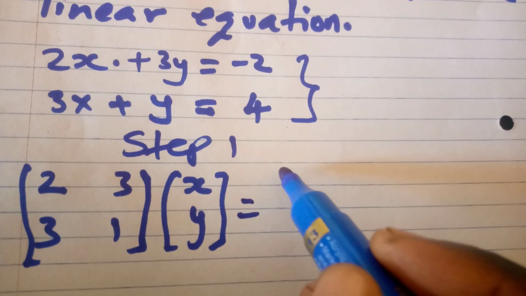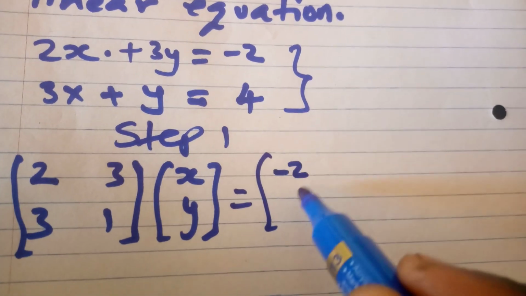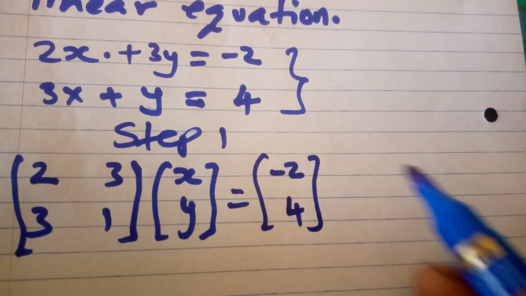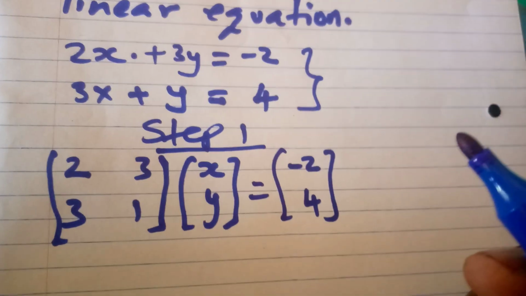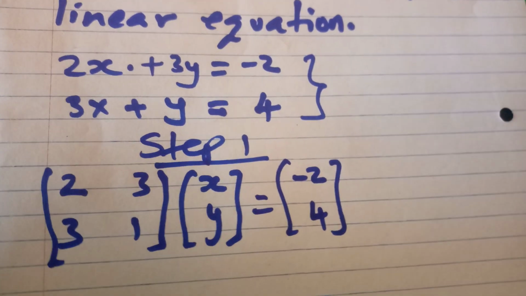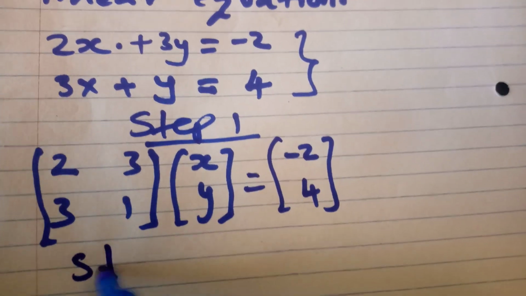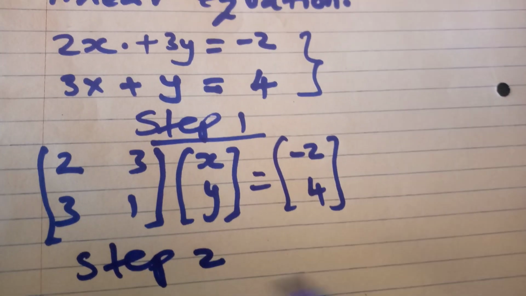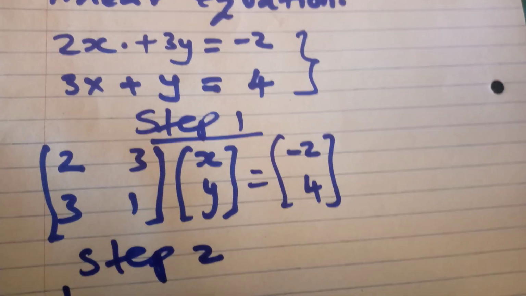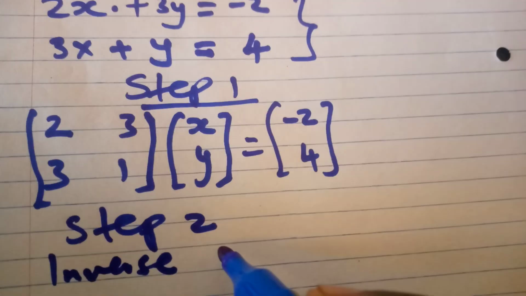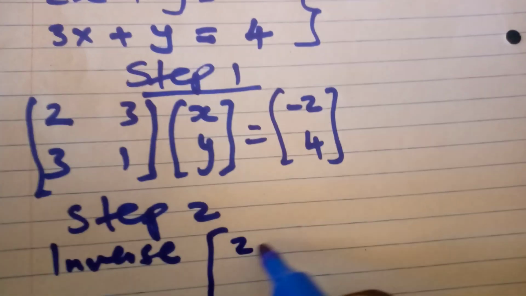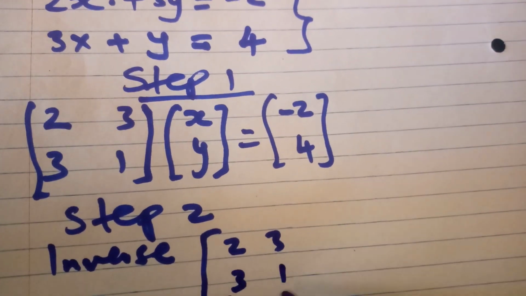On the other side, I also write this one in form of a column matrix. That is my step 1. Step 2, I'm going to find the inverse of my matrix here, 2, 3, 3, 1.